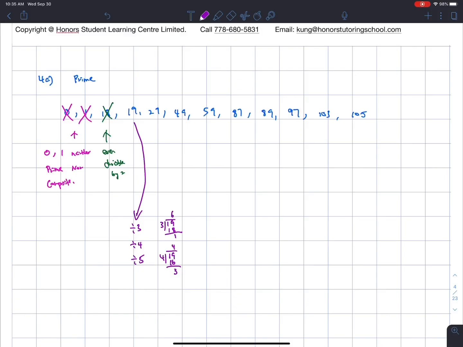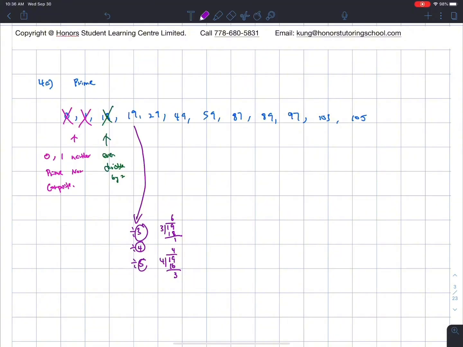So how big should I try these numbers, right? Where can I stop for 19? You want to stop when the divisor, so these are called divisors, divided by 3, divided by 4, divided by 5, when the divisor times the divisor is bigger than the number.